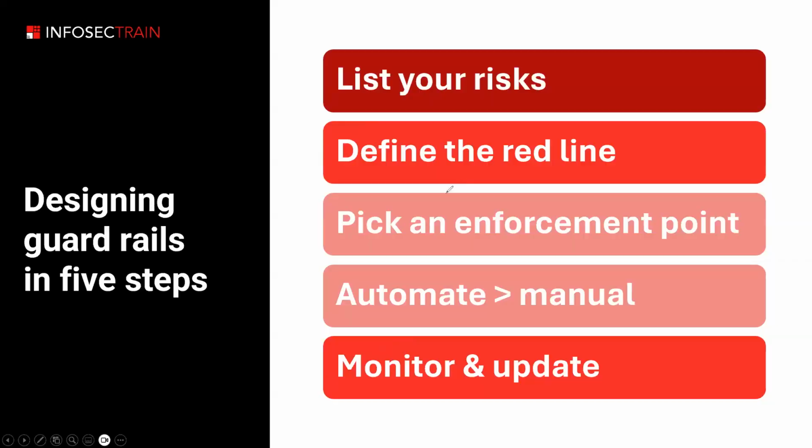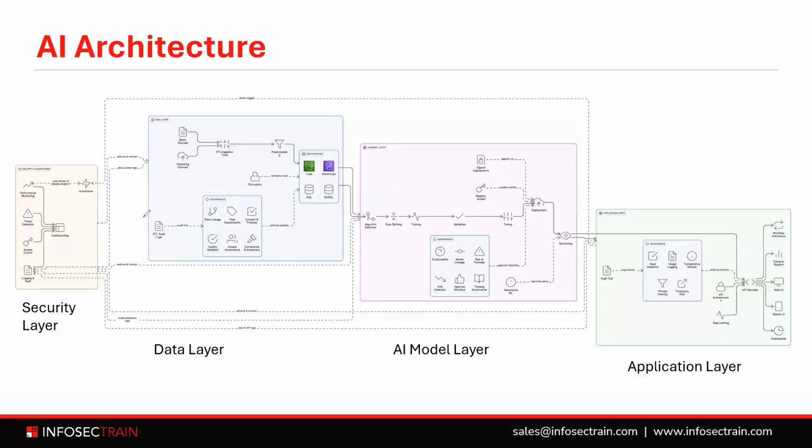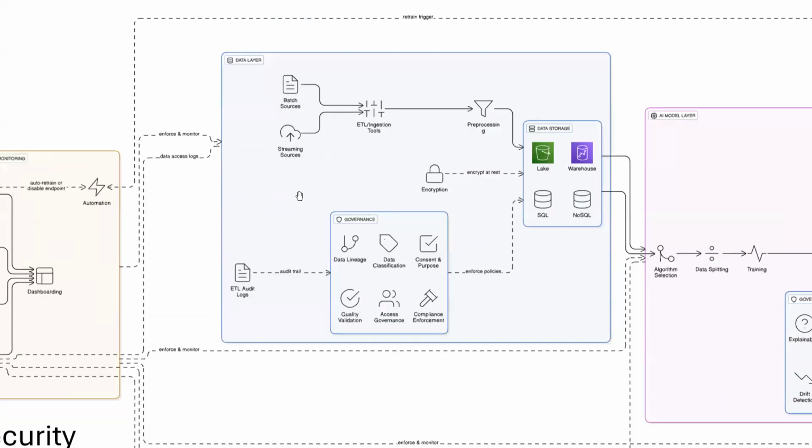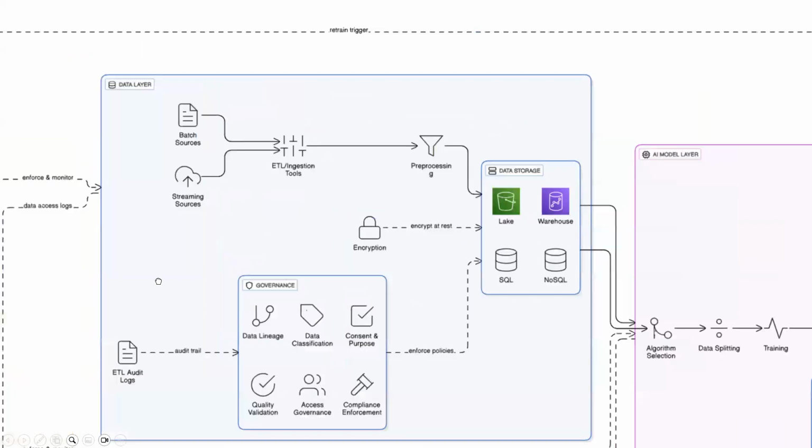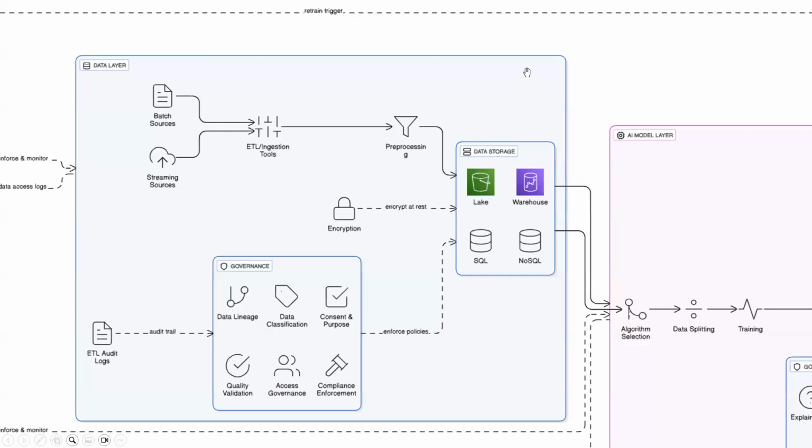So if I go back, this is what we have discussed. Now you get the clarity here. The first thing is the data: batch source, streaming data, ETL, transformations and all that. Then we process the information and all data is stored here. But on that, we need to apply governance.